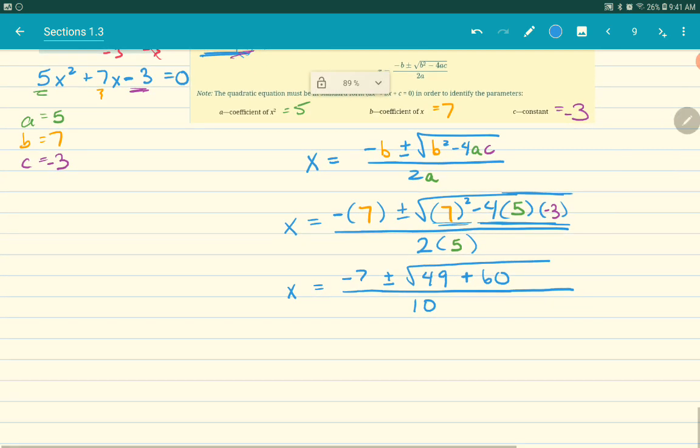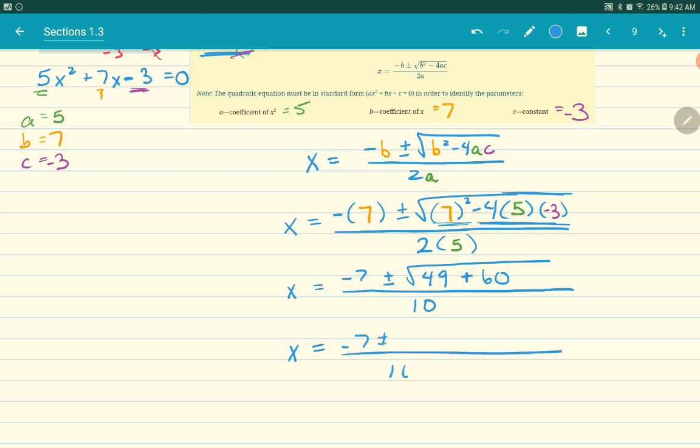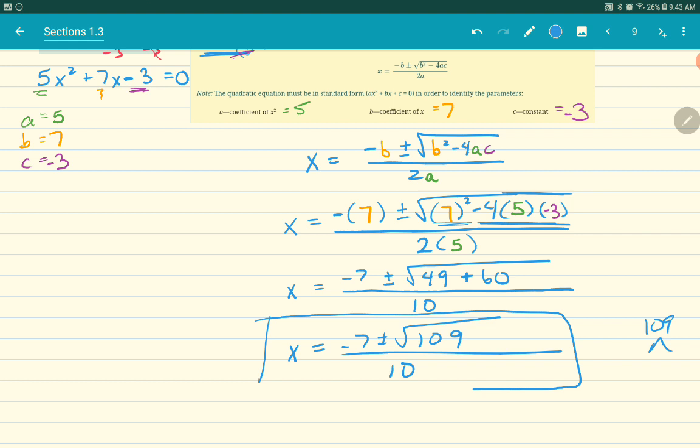Okay, and that gives me, simplify as much as you can under the radical. So 49 plus 60 gives me 109. 109 is actually prime, so I can't split that down any further, and that is as simple as this one's going to get. So there's my final solution for this one.